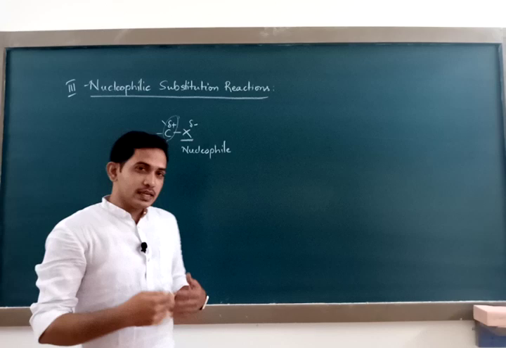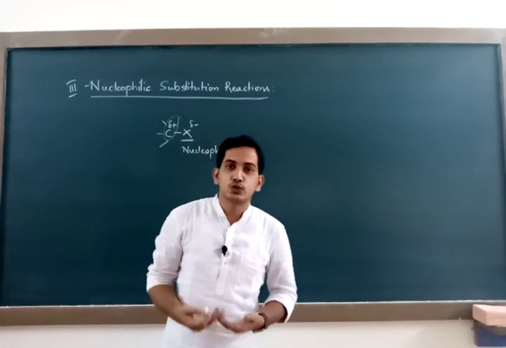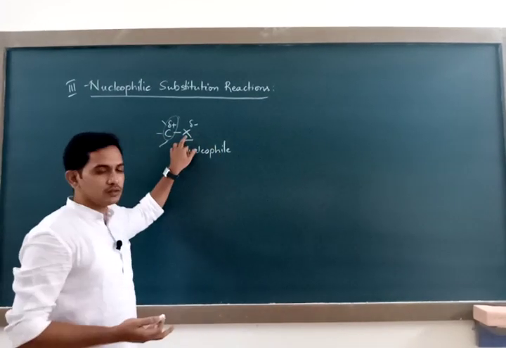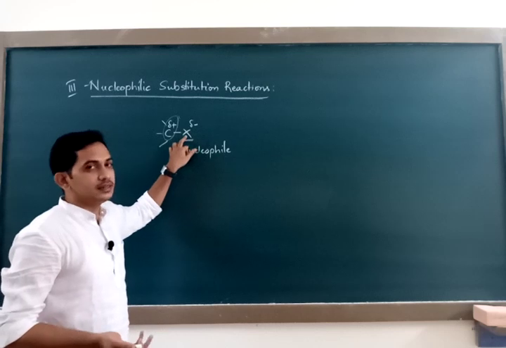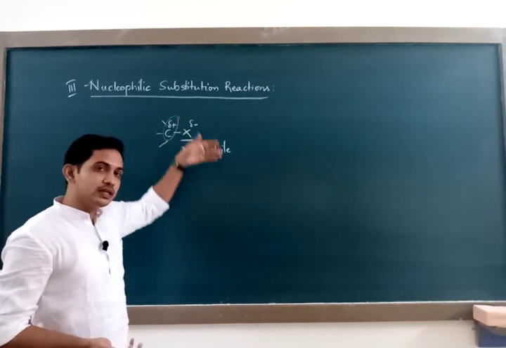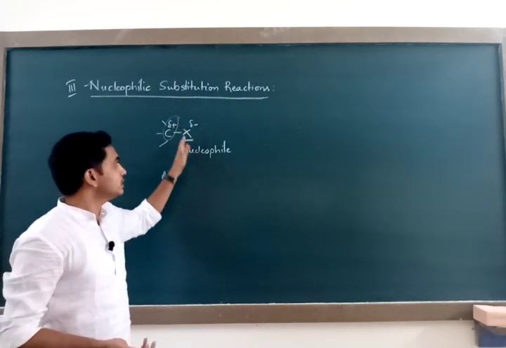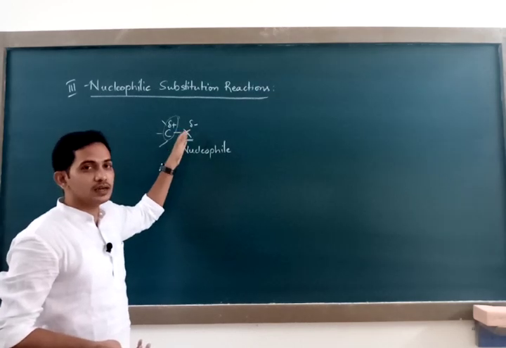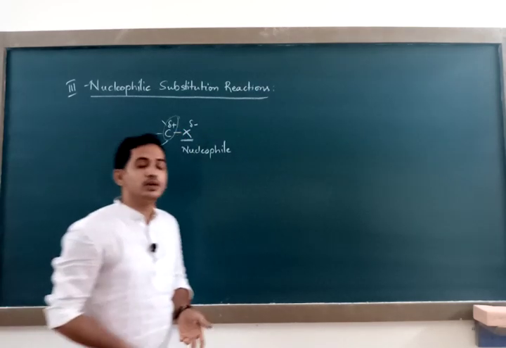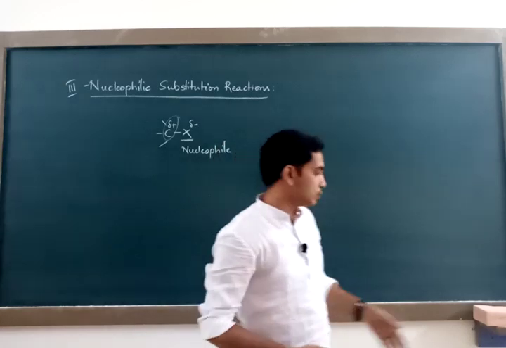So if there is any nucleophile which is stronger than halogen, or in other words halides, then the incoming nucleophile will replace this existing halogen, thereby undergoing a nucleophilic substitution reaction.